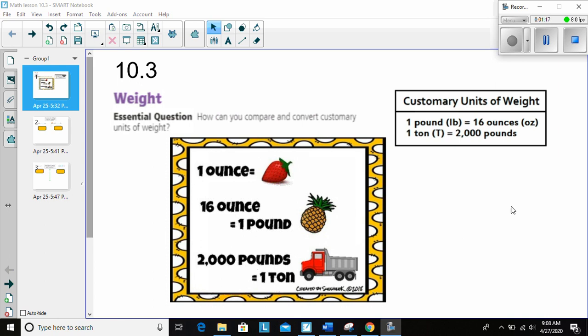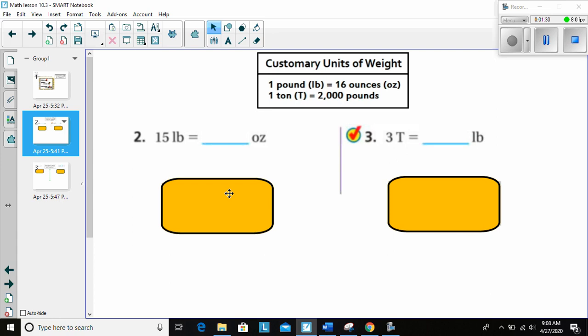All right. And then here we have our chart that we're going to use. It definitely helps us with our equivalent fraction strategy. Okay, let's go try some examples. All right, so the first one I have here is 15 pounds equals blank ounces. And we're going to continue on with the equivalent fraction strategy.